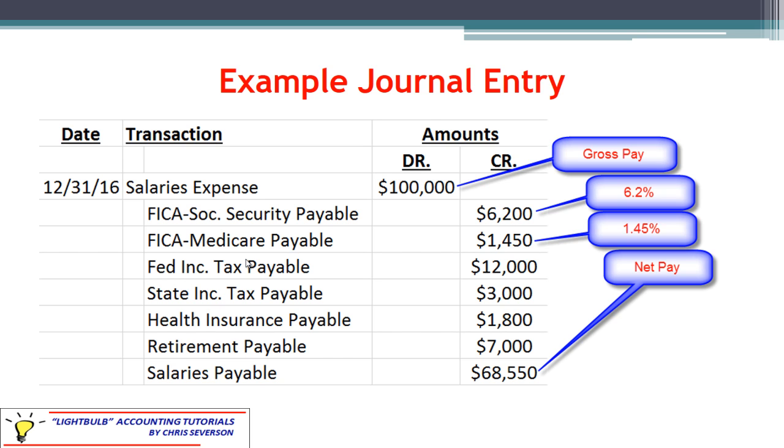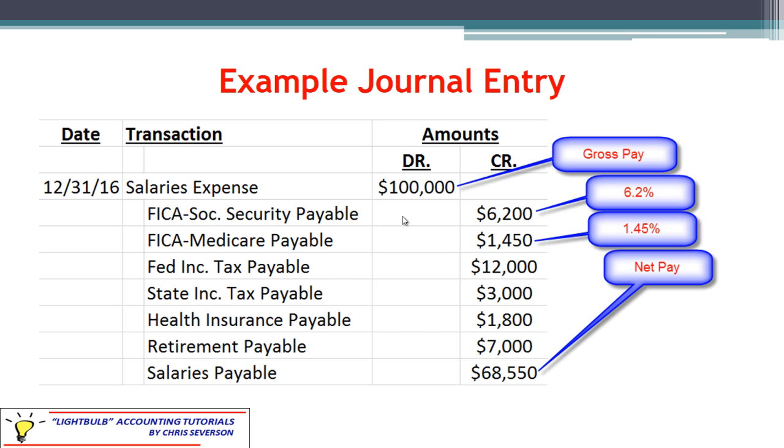The two FICA payables, and you'll notice the percentages here, 6.2%, 1.45%. And by the way, the 6.2%, I am essentially assuming that none of these employees has made over our cap, our $127,200, or in this case, $118,500.